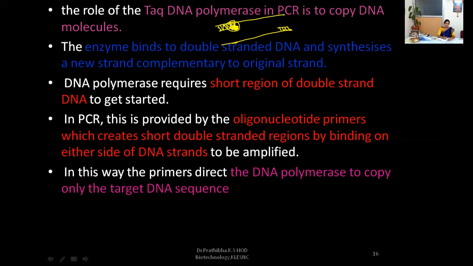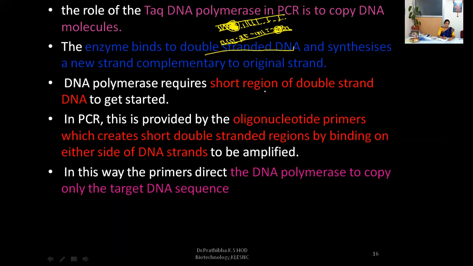The enzyme binds to the double-stranded initiation region and synthesizes the new strand. The new strand will be synthesized here on both sides at a time. DNA polymerase will start synthesizing based on what? Based on the original strand, complementary nitrogen bases will be synthesized.